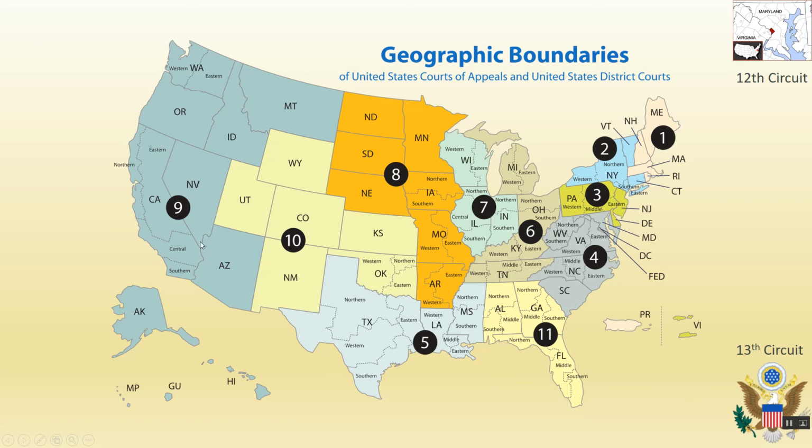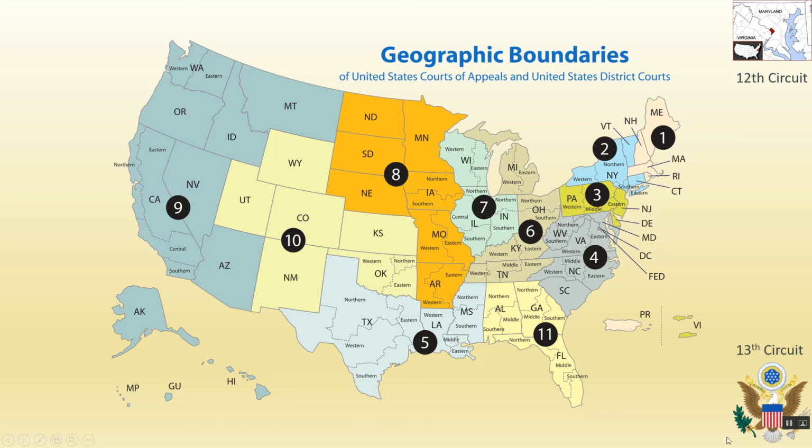And so we've got a bit of a problem here where now in the 9th Circuit, people are being treated as though they have a constitutional right to same-sex marriage, whereas in the 10th Circuit, people are being treated as though they do not. So we have some people in one part of the country enjoying rights that other people in different parts of the country don't seem to be receiving.